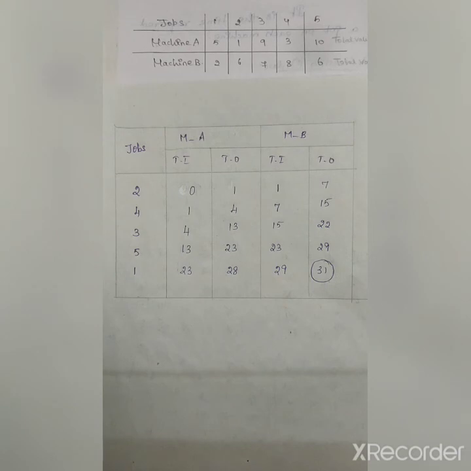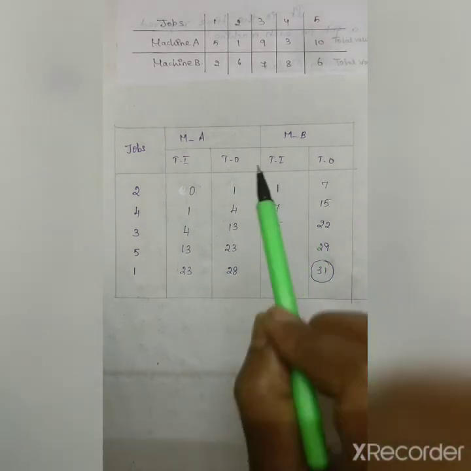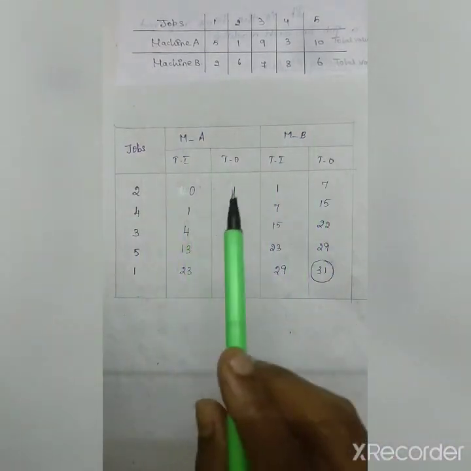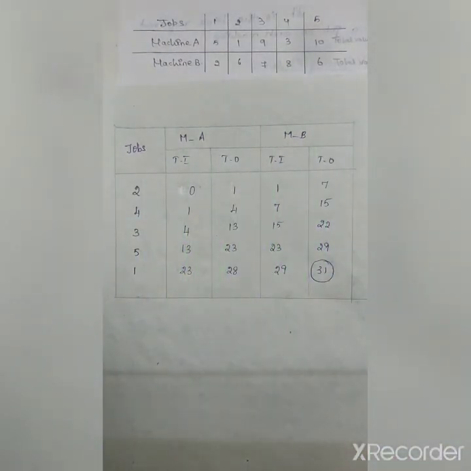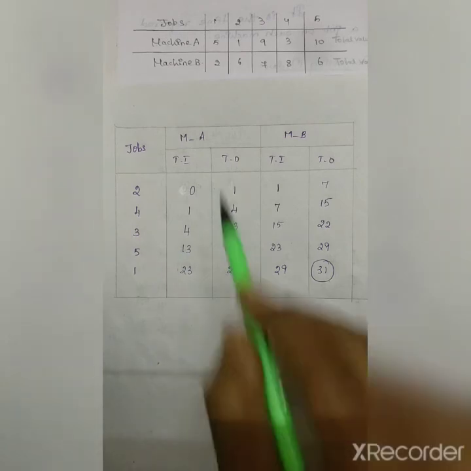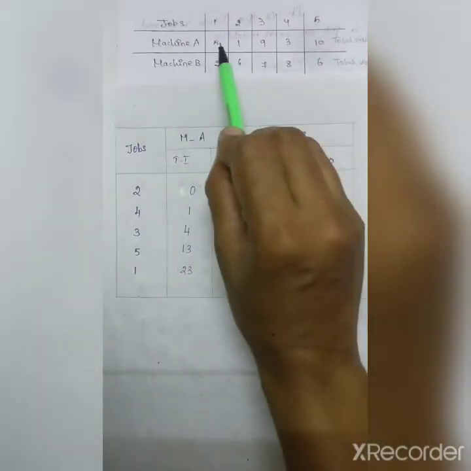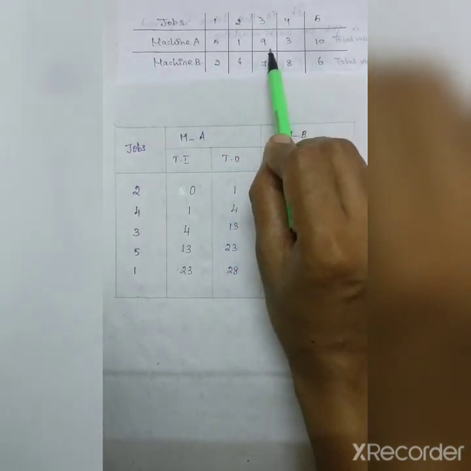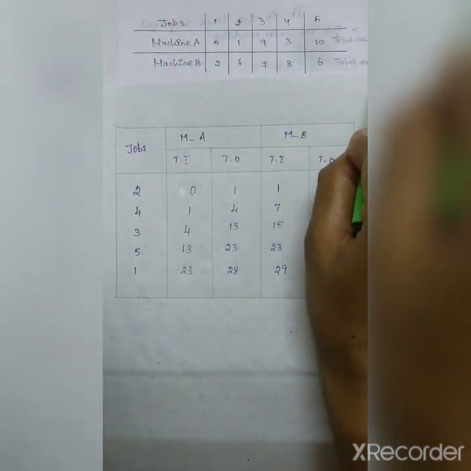Idle time for machine A means you subtract the total processing time from the total elapsed time. Idle time for machine A is equal to total elapsed time minus total time consumed by machine A. For machine A, the total is 5 plus 1 plus 9 plus 3 plus 10 is equal to 28.